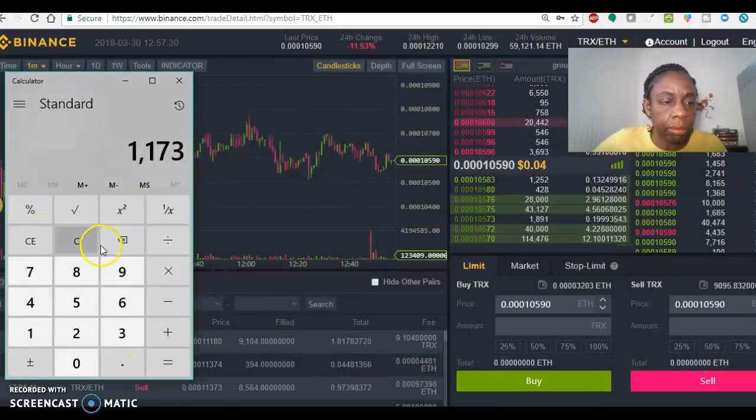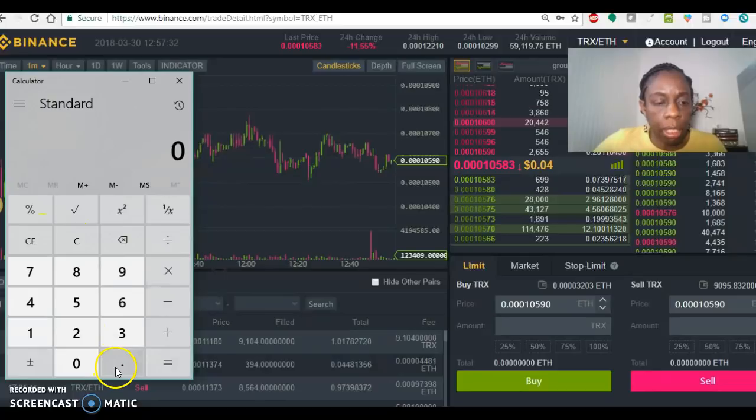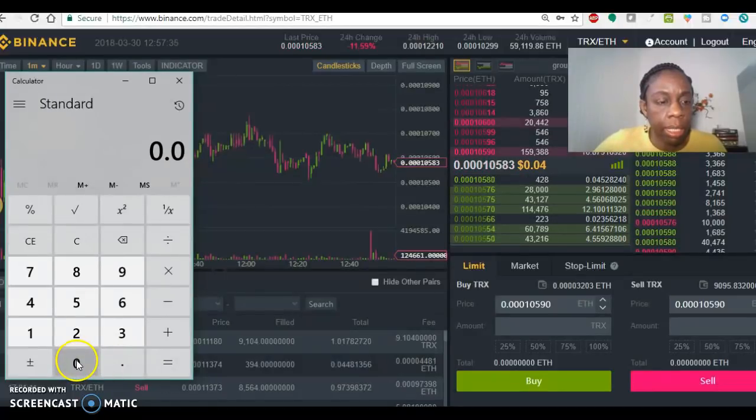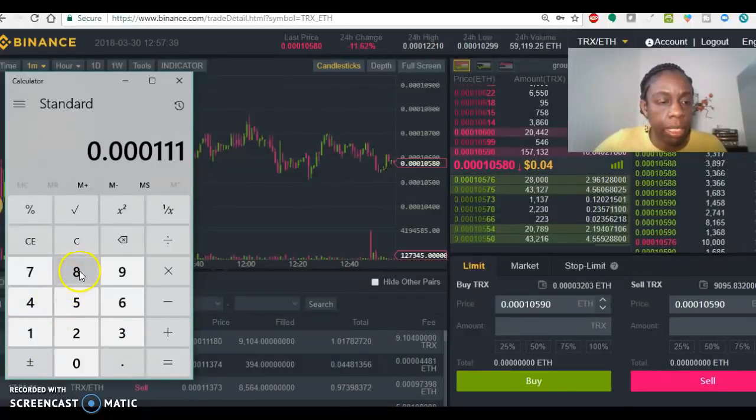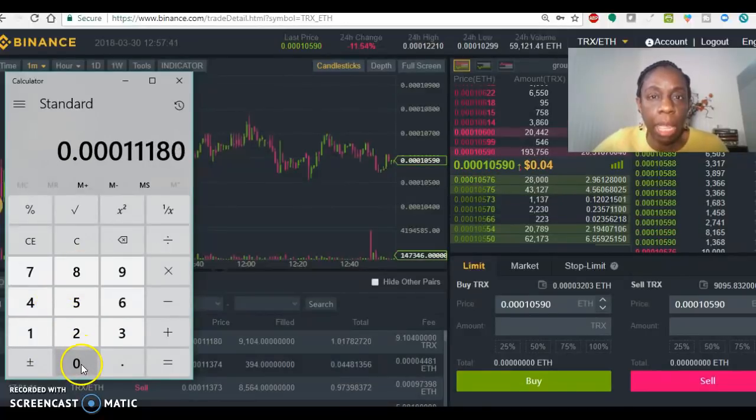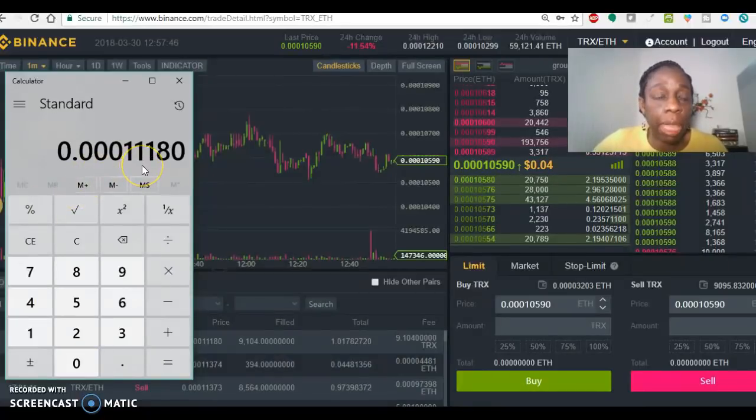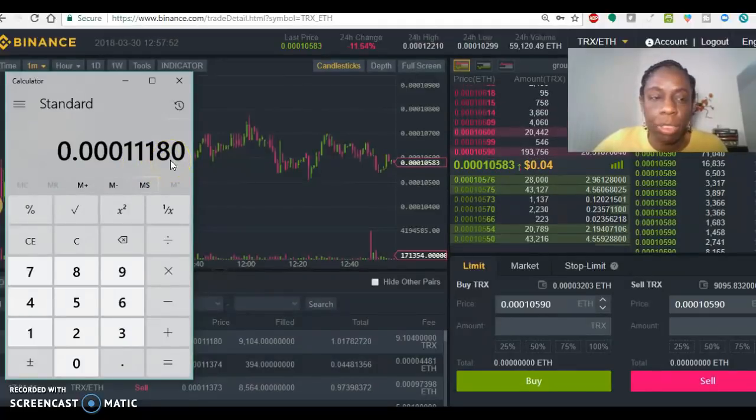Here you can see, I'll calculate 11,180. So this is the price at which I purchased my Tron, and I want to sell my Tron after I have accrued a profit of 5%.